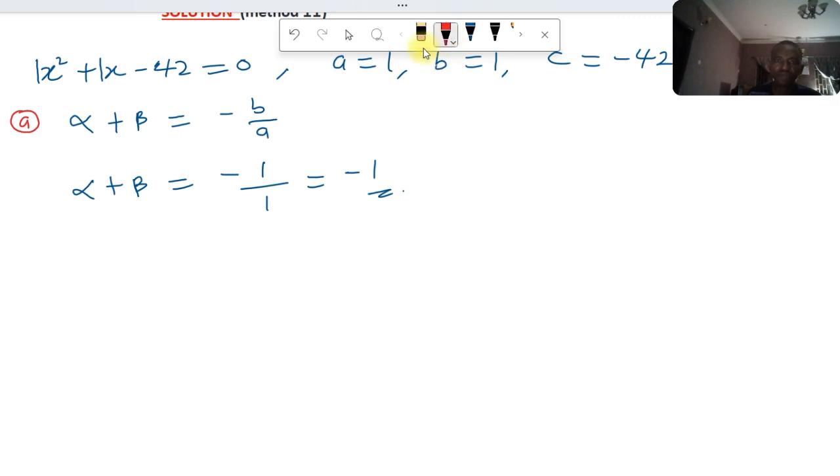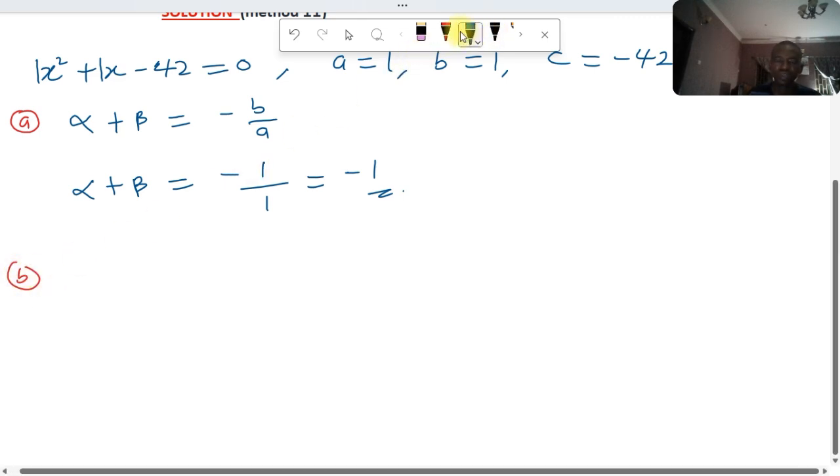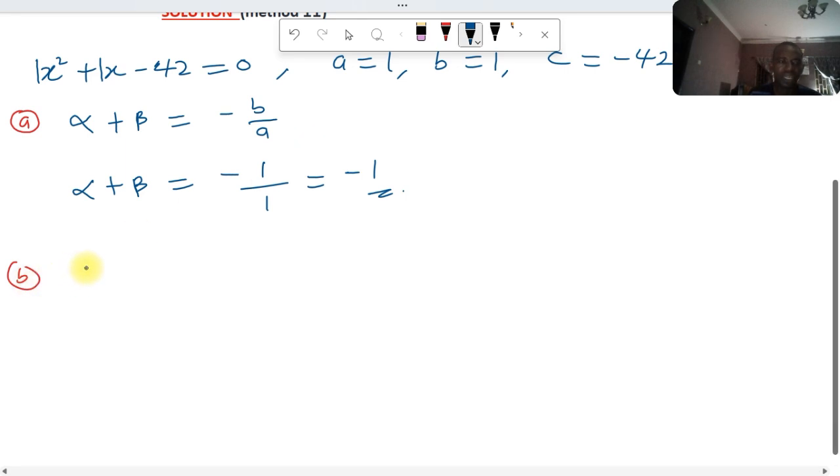Remember, we didn't solve for x in this case before we obtained our value for the sum. So let's go for the product as well. Alpha beta will be c over a. And what does that mean? We have our c. What's c?